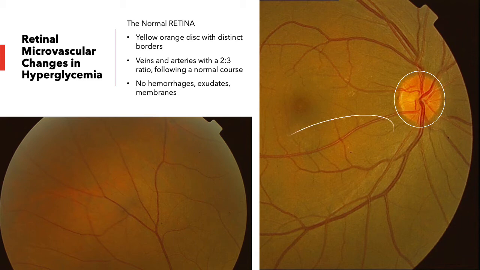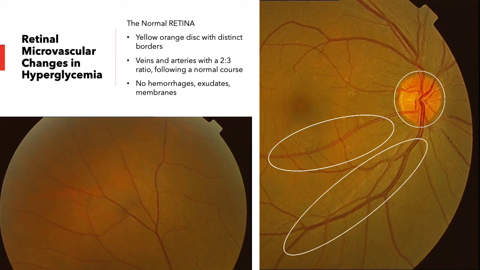You also see smooth, regular, gradually tapering, and dichotomously branching veins. You can see the less reddish arteries with smaller caliber, but equally smooth and regular like the veins. The vision in this patient should be about 20/20. This is the perfect vision.